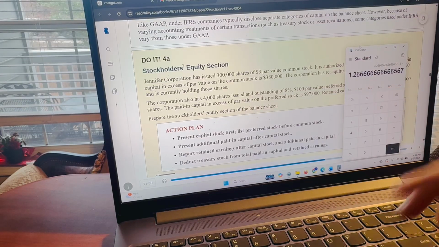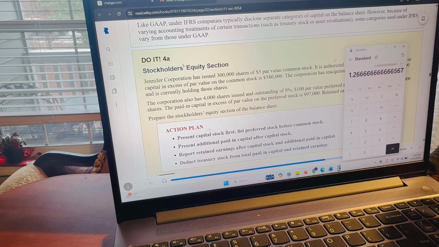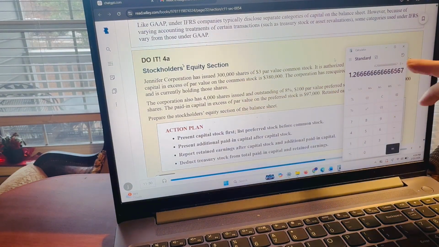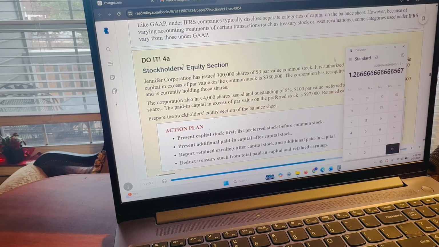So that APIC per share amount is the additional paid in capital amount per share, right? Per each of these 300,000 shares is $1.26. So that's the additional paid in capital amount per share.